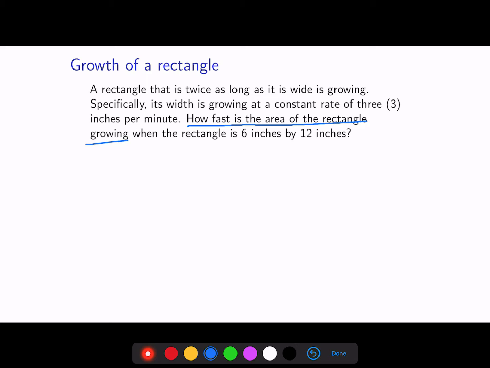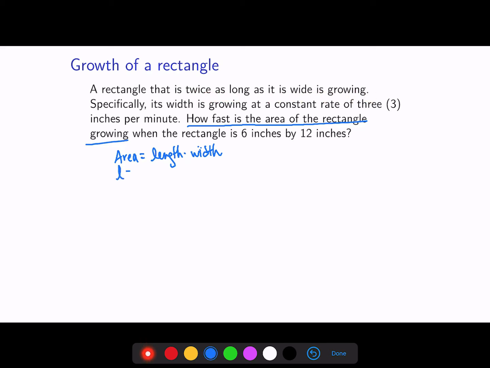It's a rectangle. We know what the area of a rectangle is. We know that the area of a rectangle is its length times its width. So that's a formula we have. Maybe it'll be useful. What do we know about a rectangle? We know that it's twice as long as it's wide.